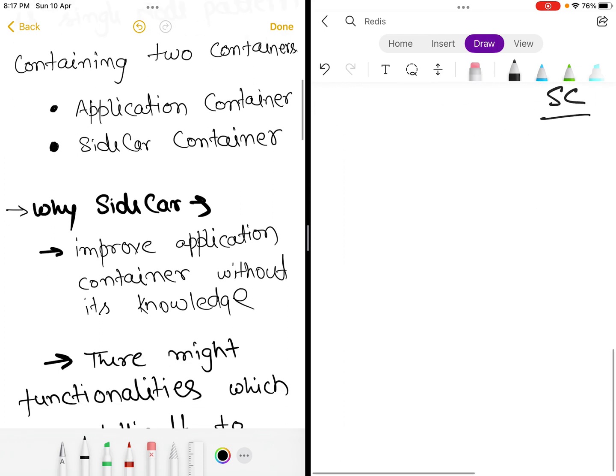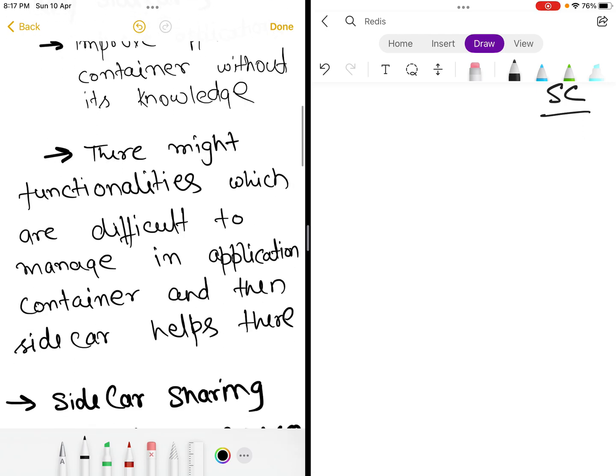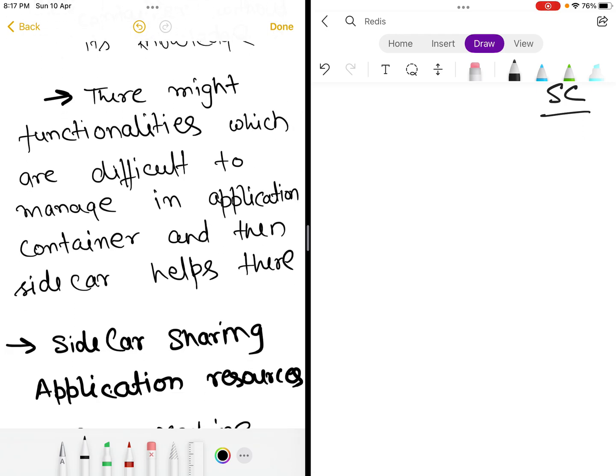Now let's find out why we need sidecar. Sometimes there are some constraints or difficulties because of which your main application may not be able to fulfill a requirement, and for that purpose you want to have another smaller container running in parallel to your main application so that your requirements are fulfilled.